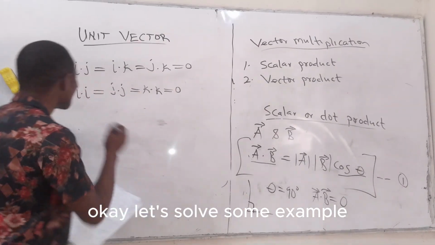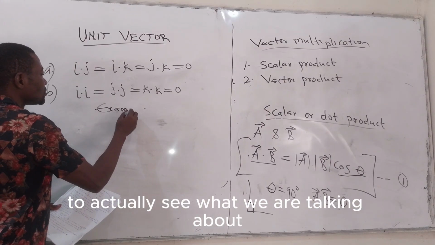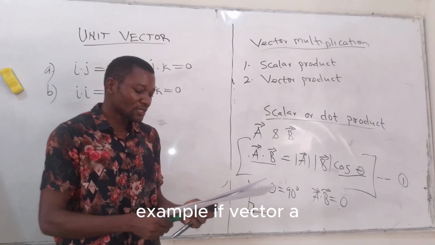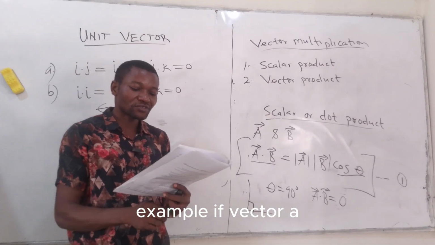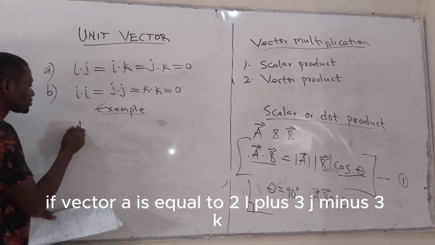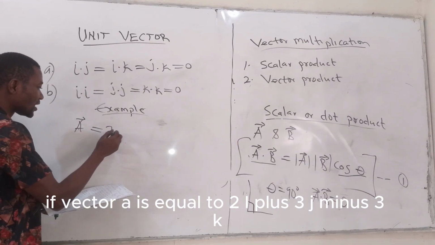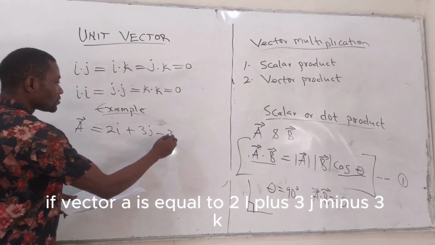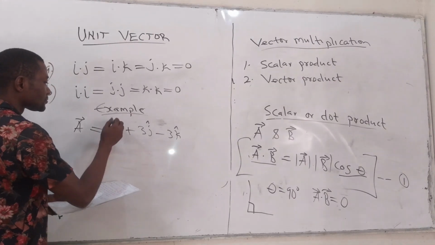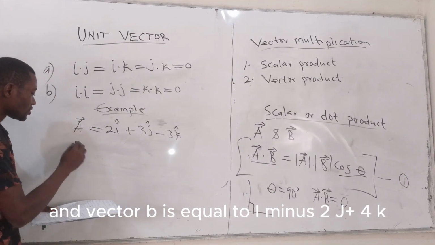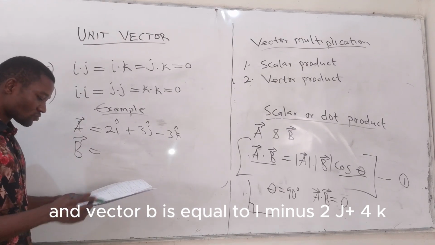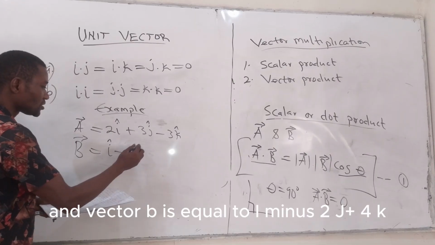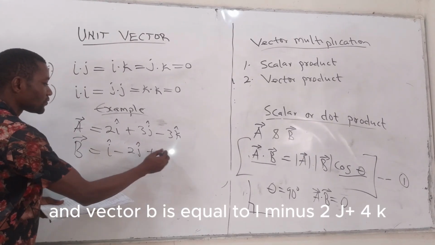Okay, let's solve some example to actually see what we are talking about. Example: if vector A is equal to 2i plus 3j minus 3k, and vector B is equal to i minus 2j plus 4k.